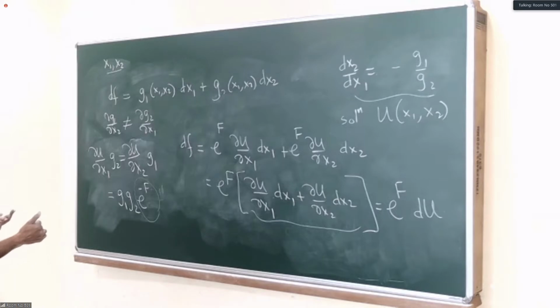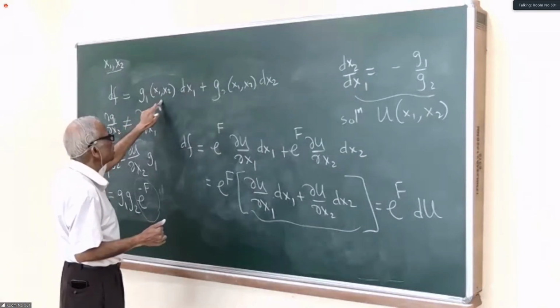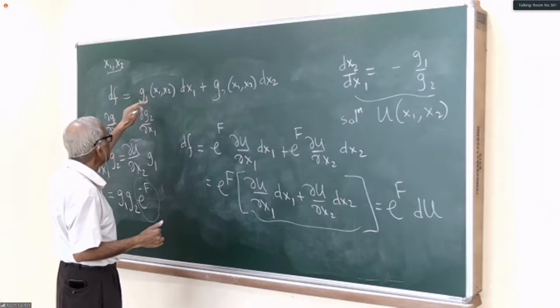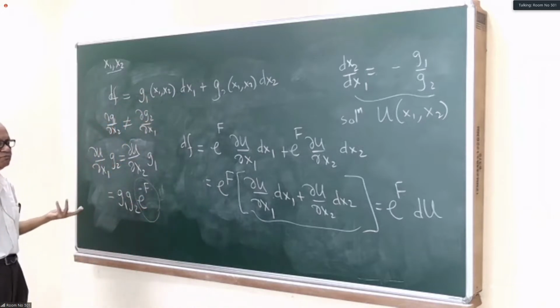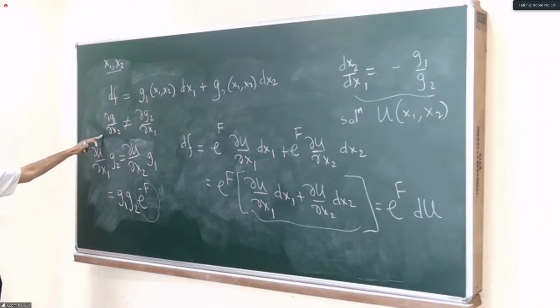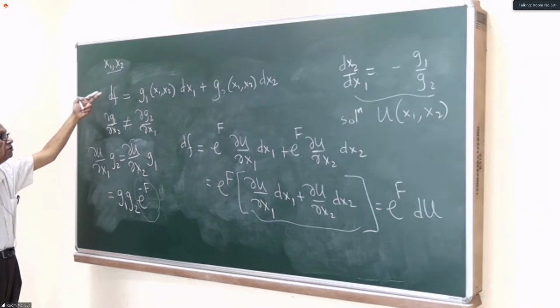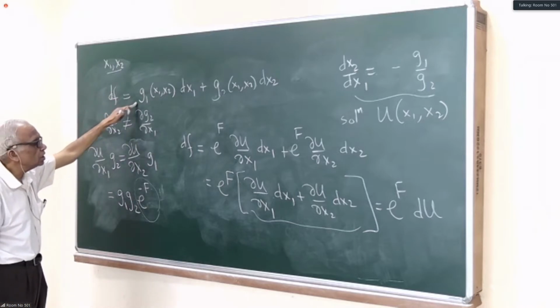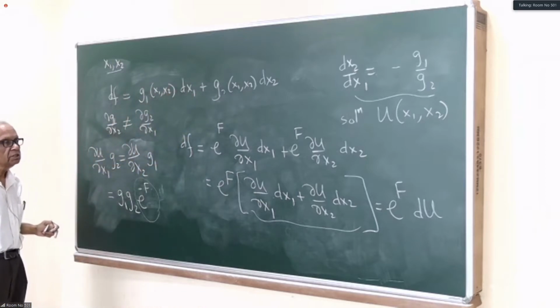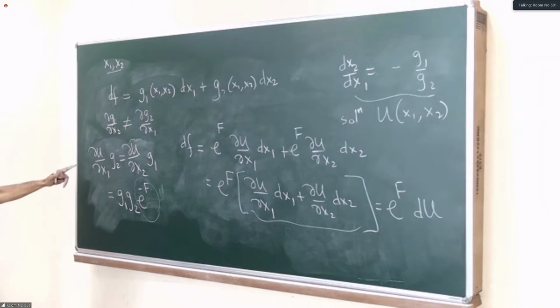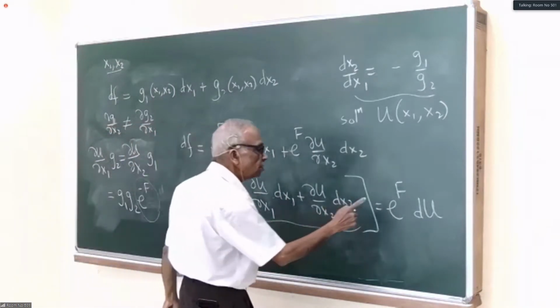Now if this derivative equaled this derivative, then fine, I would have no problem. But if I start out in a situation where I need to define the function through a differential, and the coefficients do not have the property, then I play this game that I have shown you over here, and I construct this e to the power f.